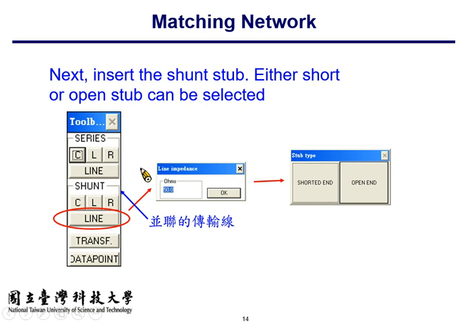But for this case, you are adding a transmission line in shunt, 并联, and the line characteristic impedance can be characterized as 15 ohm, and the stub type can be specified as a shorted stub or an open stub.